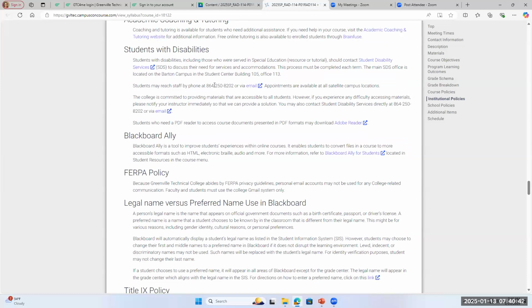If you do feel like you need extra time on tests, then you have to go through the Office of Student Disability Services and get an accommodation form and then get that to us. I think I have that due next week, by the 23rd, if you need that, so that we can go ahead and get that in place.